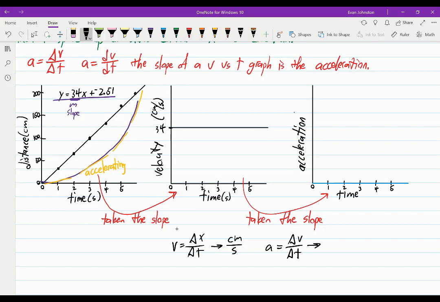So wait, isn't that going to give us this velocity is going to go there, right? And then we still have seconds down here. So we're going to have centimeters per second over seconds. It's how many centimeters per second, how much the speed or the velocity changes every second. If your car is going faster and faster, you're going at a different speed every second, okay?